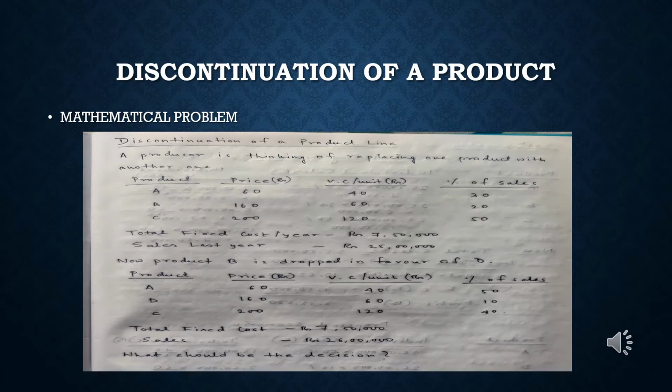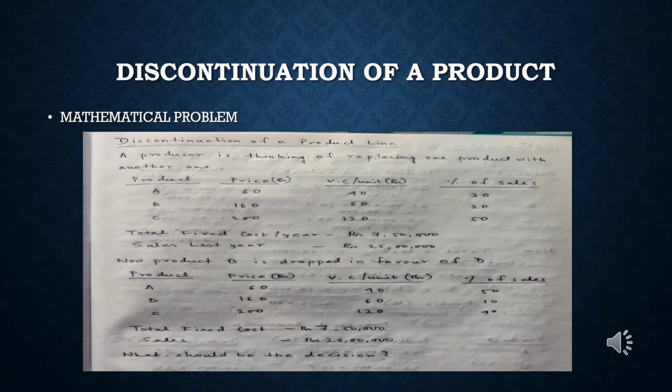the price per unit given to us as 60, 160 and 200, the variable cost per unit given to us as 40, 60 and 120, and the percentage of sales given as 30%, 20% and 50%. It has also been mentioned that the fixed cost last year is 7,50,000 and the sales last year is 25 lakhs. Now, as I have said previously, the organization is trying to replace a particular product.